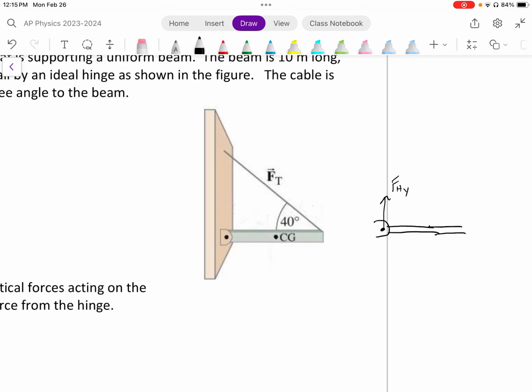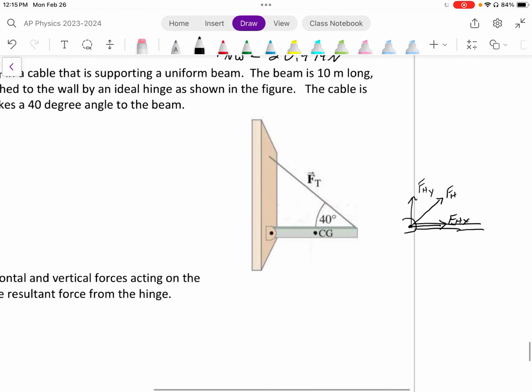In addition, the hinge has a force in the x direction as the actual beam is kind of pushing on the bolt, and it's a normal force actually. So the actual force from the hinge is some vector addition of those two forces. That is the proper way to draw the force from the hinge. It's at some angle, unknown, because you don't know the magnitudes of those two. You'd actually have to find it.